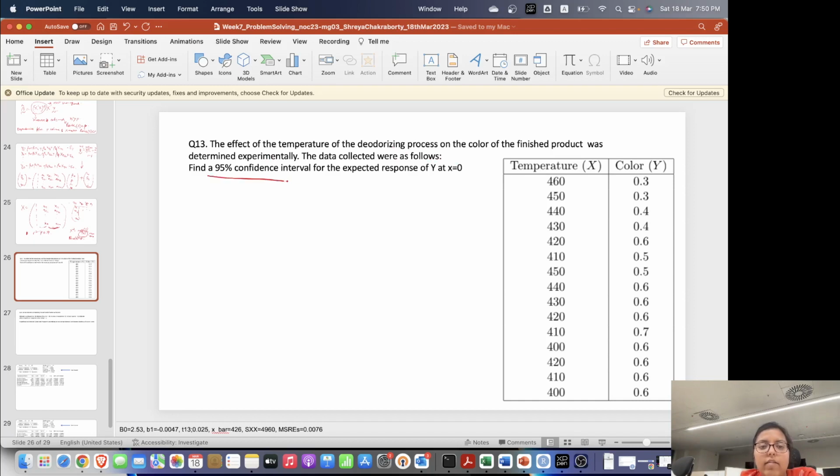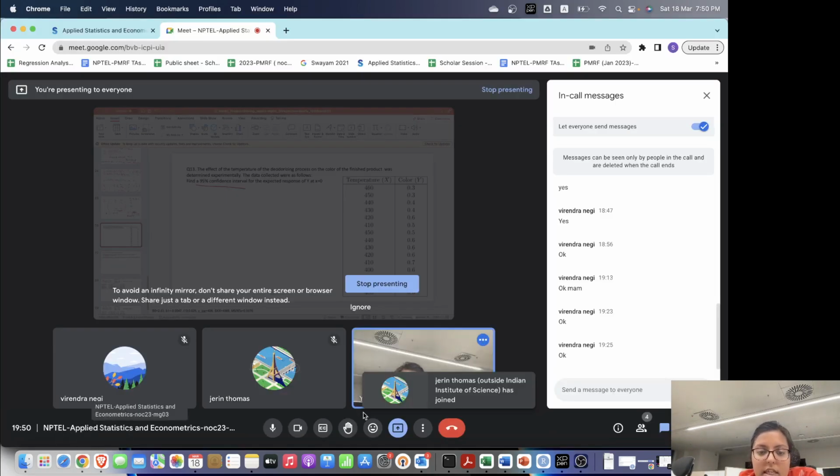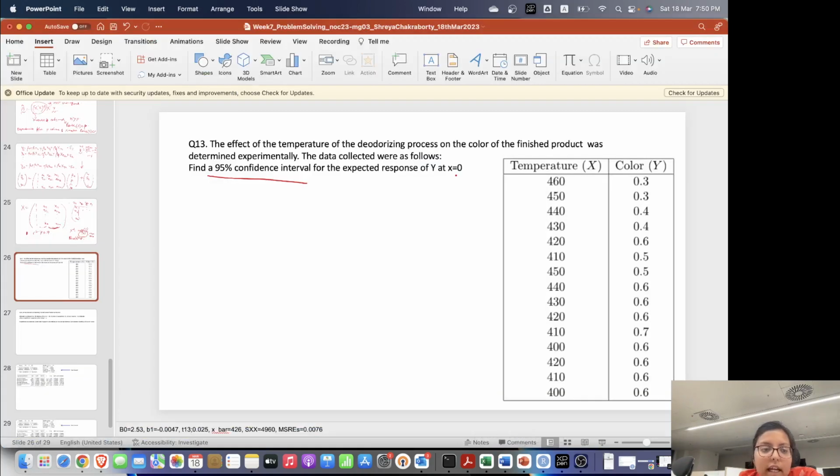We have to find a 95% confidence interval for expected response at x equal to 0. So I'll try to derive the mathematics, but I don't think such extensive mathematics will be needed for you. The final form you should be able to remember.